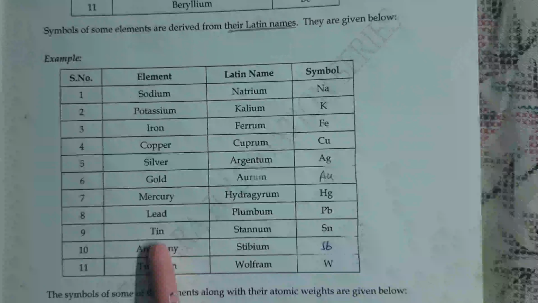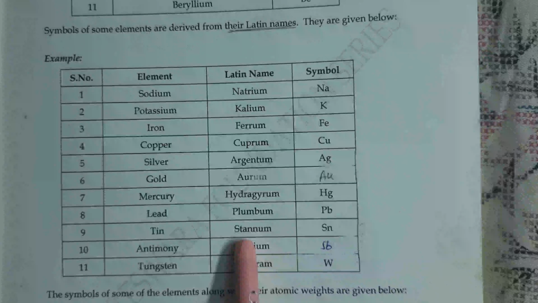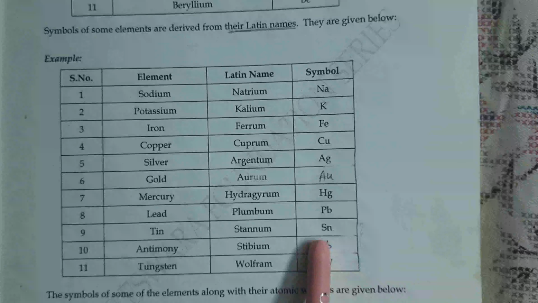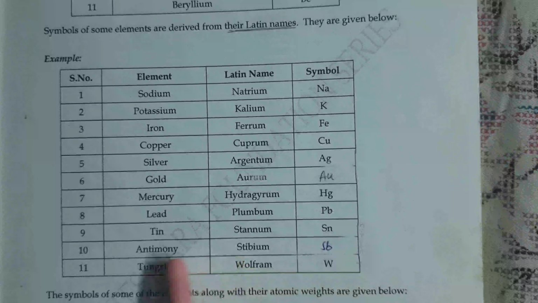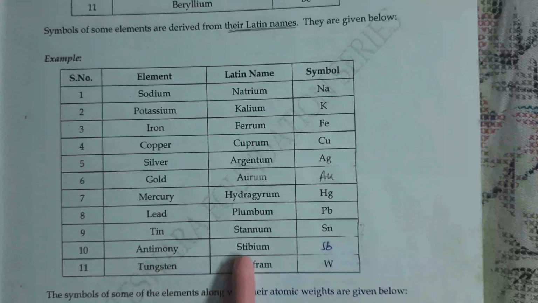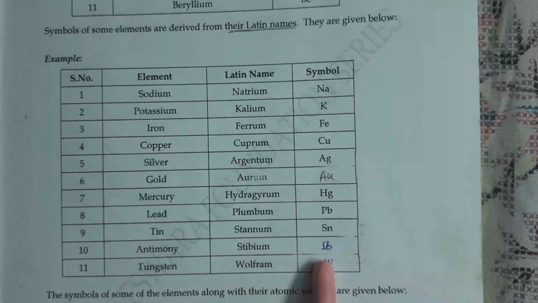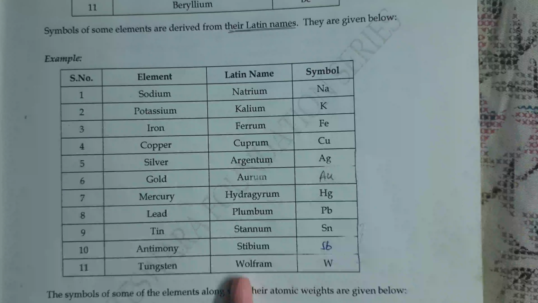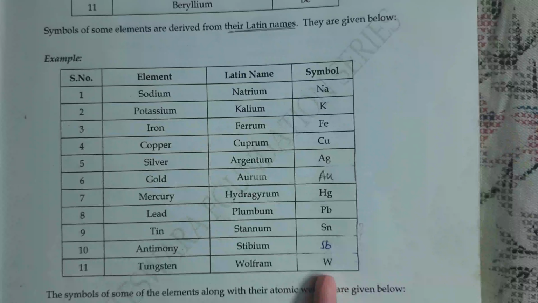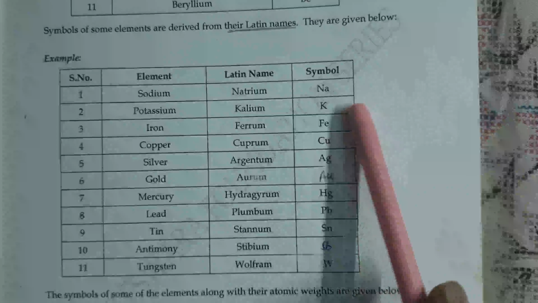Tin means stannum, Sn. Antimony is an element, that is stibium, Sb. Then tungsten, wolfram, so W. These are the Latin names which are coming.